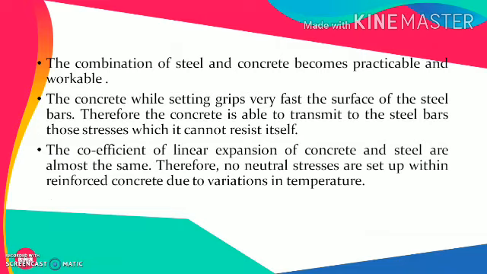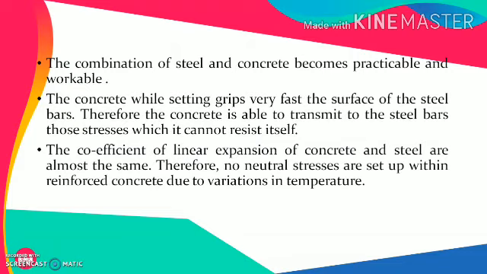Again, the coefficients of linear expansion of concrete and steel are almost the same. This particular coefficient is responsible for the change in the dimension with respect to change in the temperature. As we are aware, the increase in the temperature results in the elongation of the material, or the decrease in the temperature may contract it.